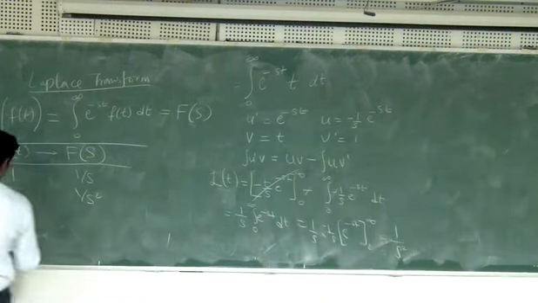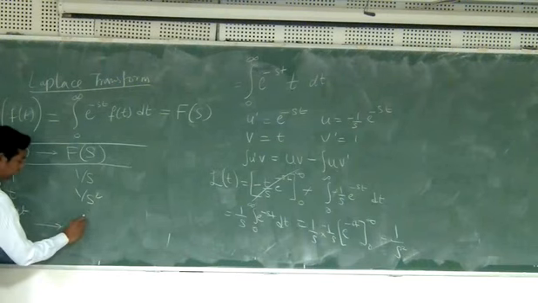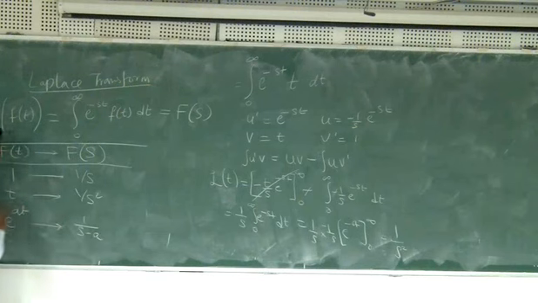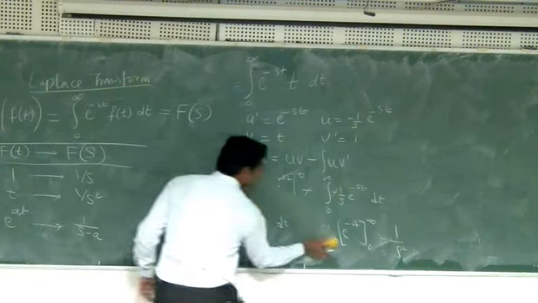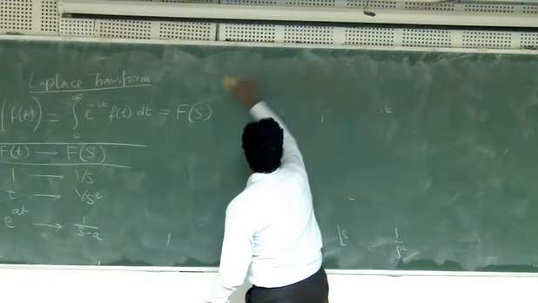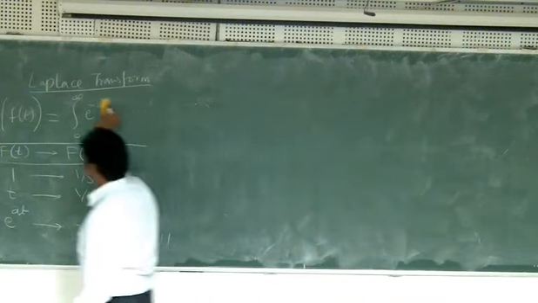Last time we also saw what is e to the power of at. So f of t is e to the power of at, then the transformation will be 1 by s minus a. So this also we don't require now.